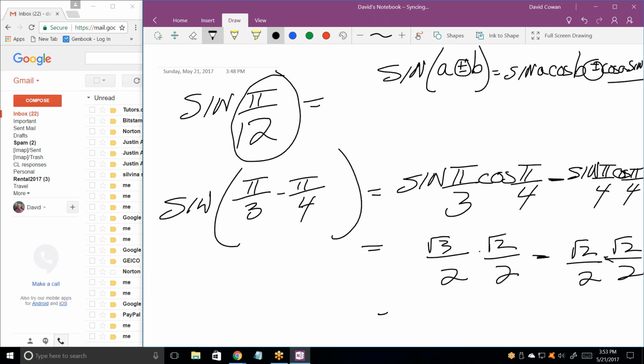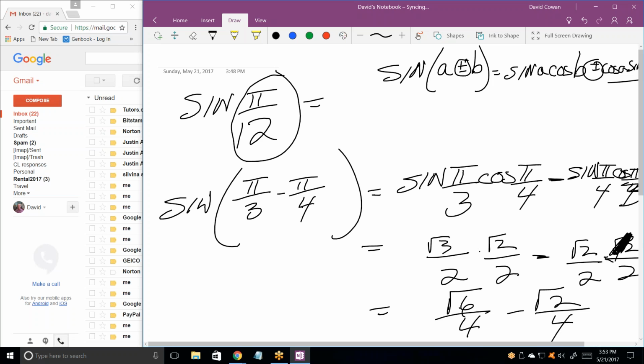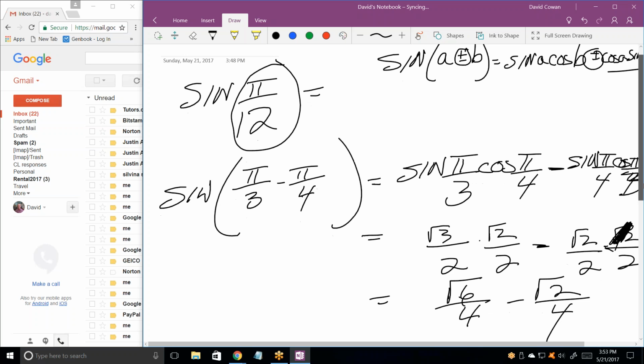But the last one, isn't that one cosine of A? Ah, yes, sorry. That's cosine of pi over 3, so that's 1/2. So we end up with root 6 over 4 minus root 2 over 4. That becomes root 6 minus root 2 again.